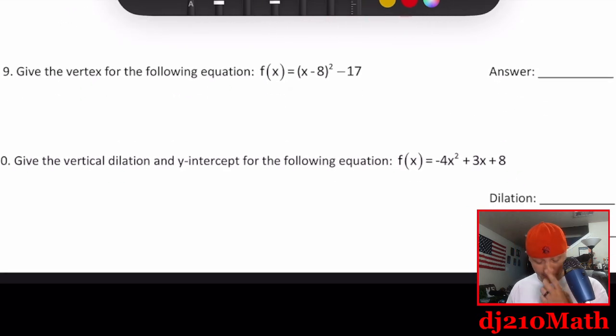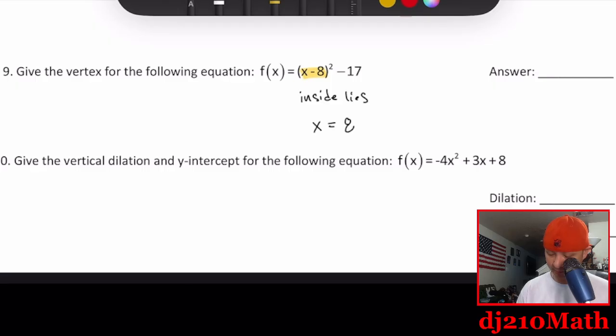All right. Number 9. Give the vertex of the following equation. Too easy. The x part of the vertex is right here. Inside lies. So the x part of the vertex is 8, positive 8. The y part of the vertex is outside.